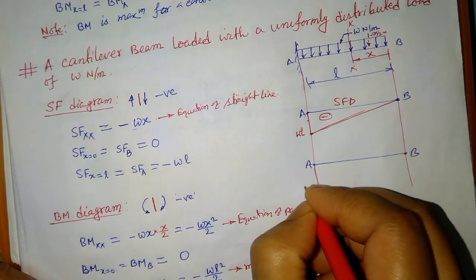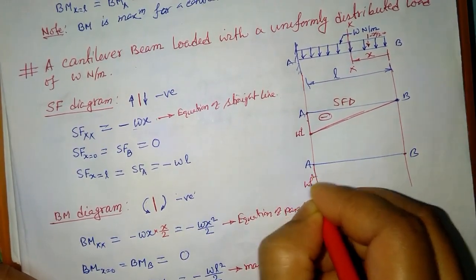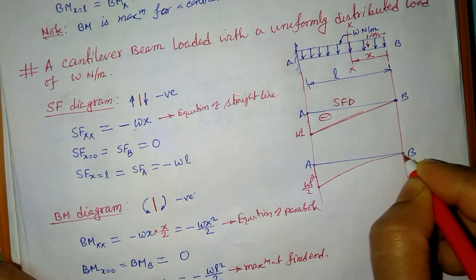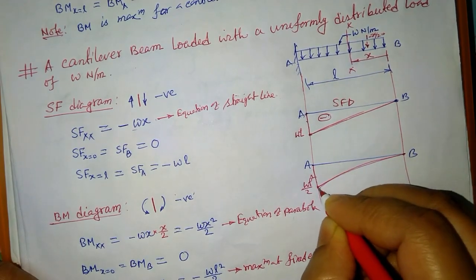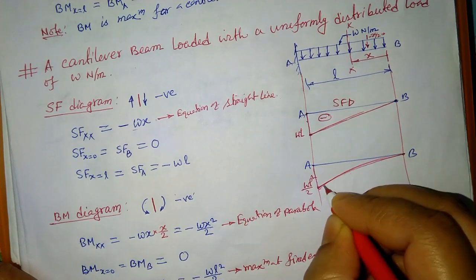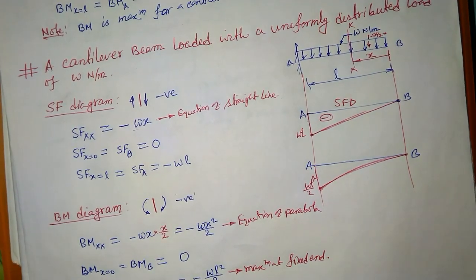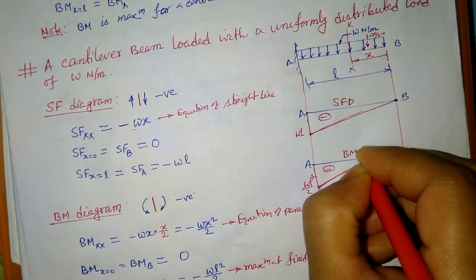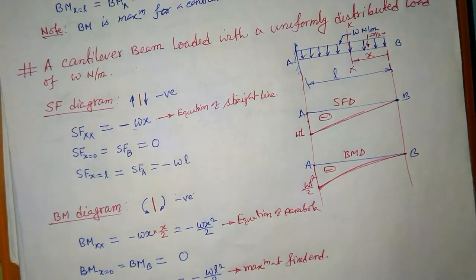This is our WL square by 2. So this is our equation of parabola. This is the bending moment, also negative, and this is the bending moment diagram.